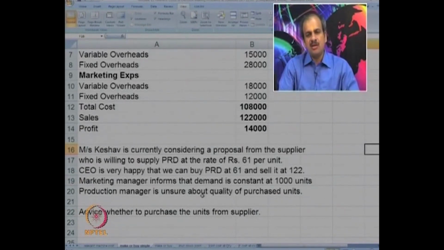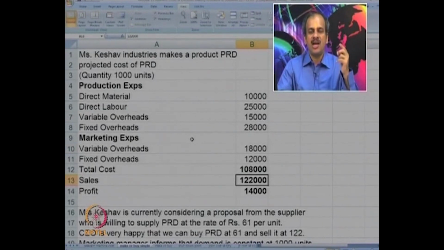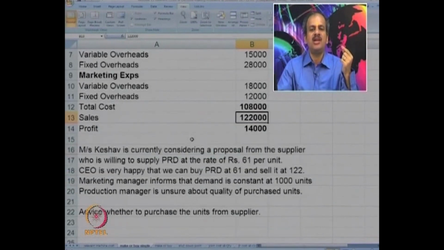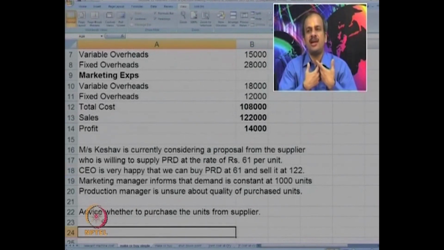Now Messrs Keshav has got a proposal from a supplier who is willing to supply PRD at 61 rupees. Costs and all are the same. You can see that the selling price is 122 for 1000 units, so they are able to sell one unit at 122 rupees. Naturally the CEO is very happy that while we can buy PRD at 61, we are able to sell it at 122.